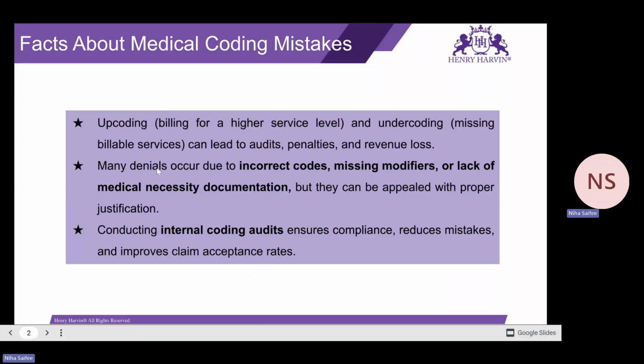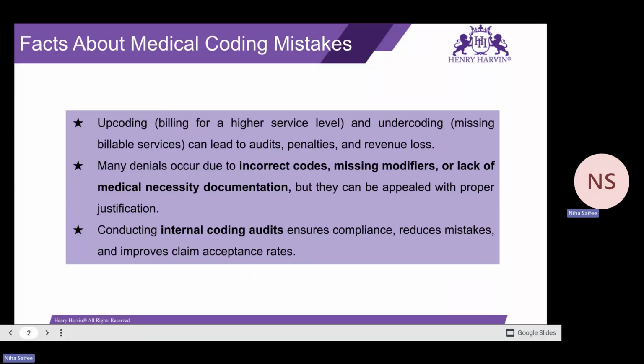So denials, whenever the insurance company does a denial, there could be many reasons for the denial. But one of the main reasons for the denial is if the coding is not done properly. The medical billing person takes the codes, gives the monetary value to it and submits it.